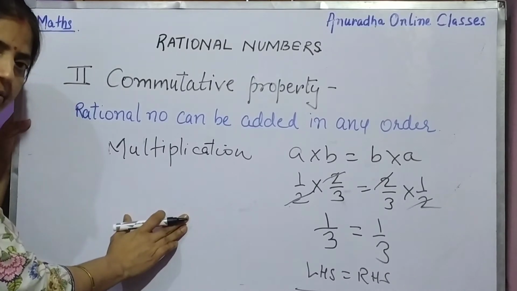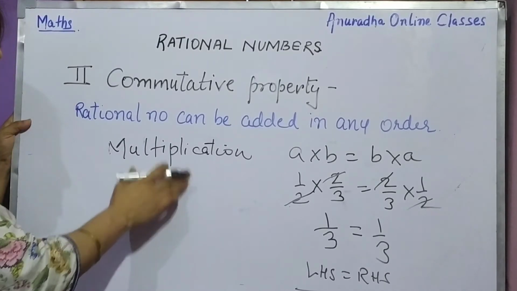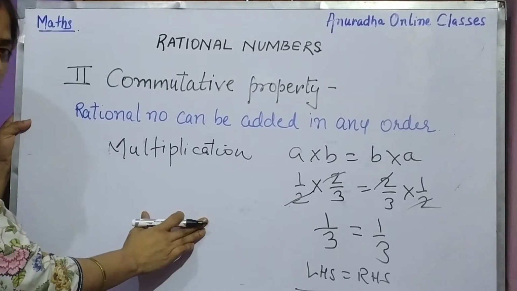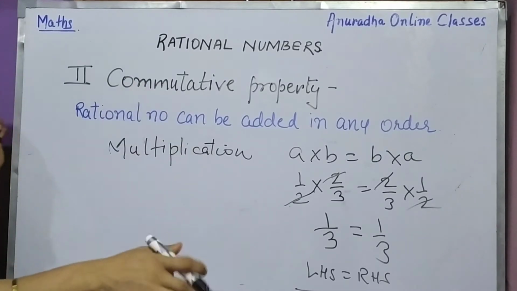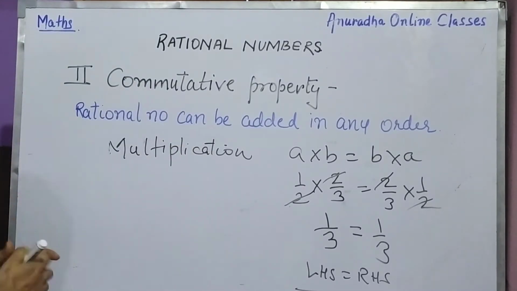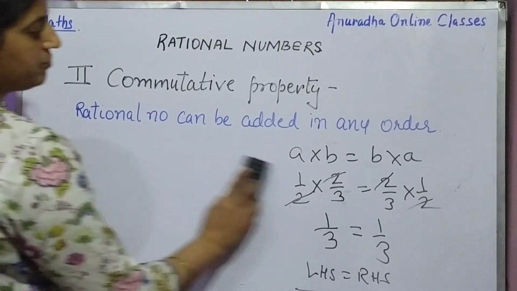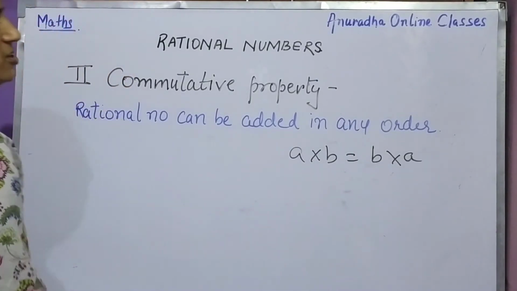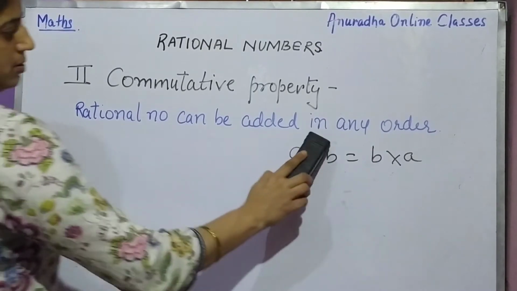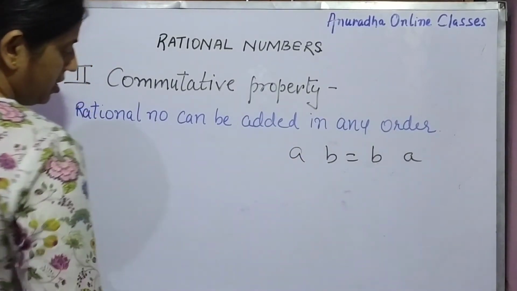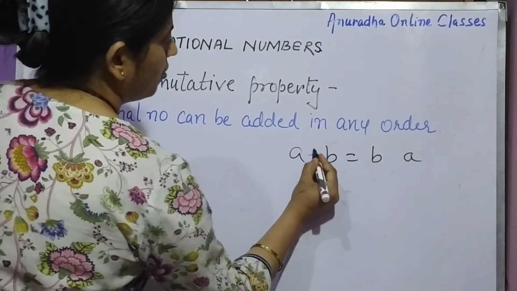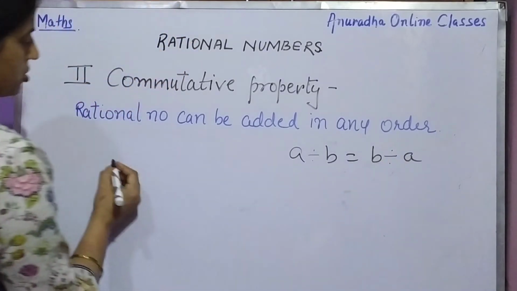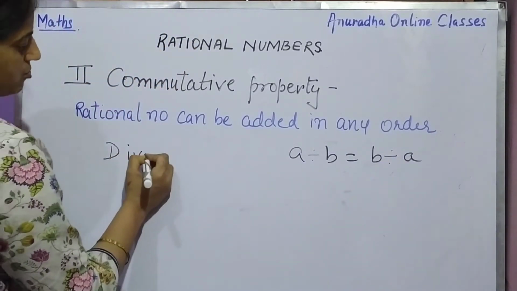For multiplication, the commutative property is applicable. Now, under division it is not applicable. Means if we divide two rational numbers, for division it is not applicable.